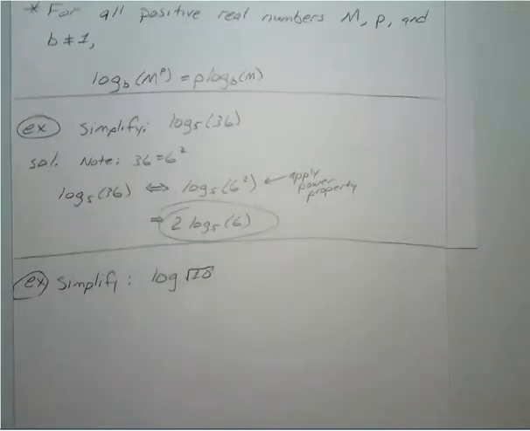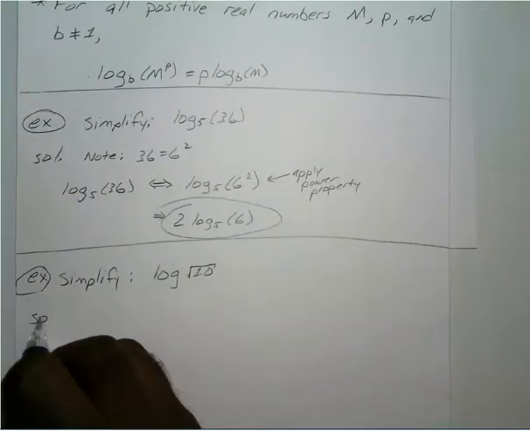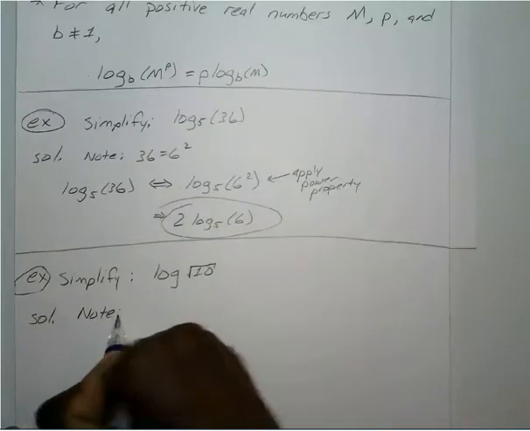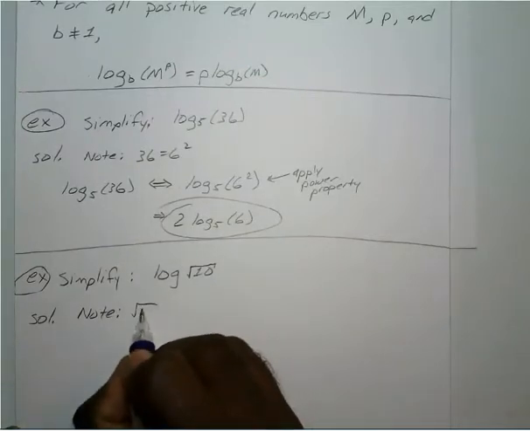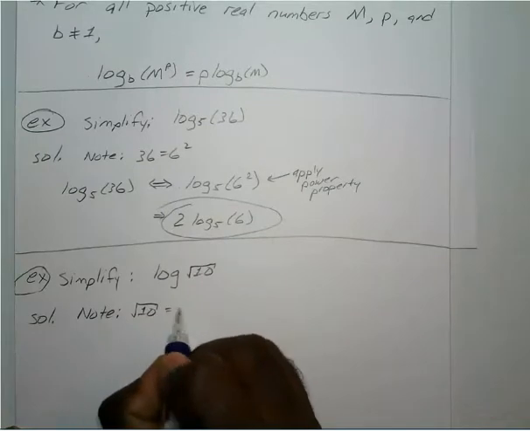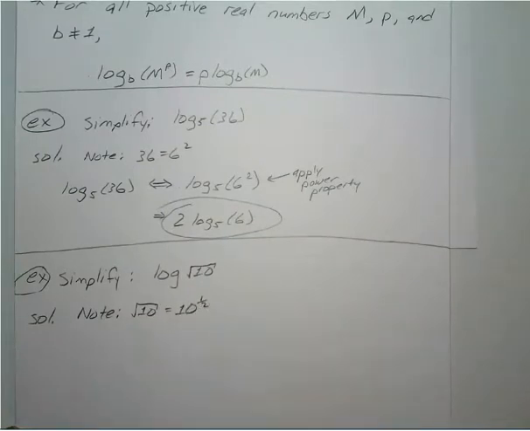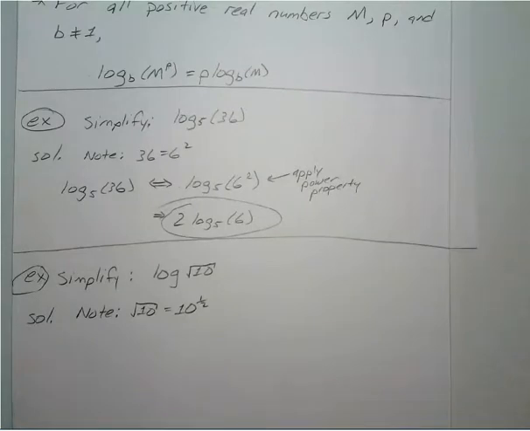Okay, now to do that, you want to remember that square root of 10 is equal to 10 to the 1/2 power. Okay, kind of going back to our nth root properties.